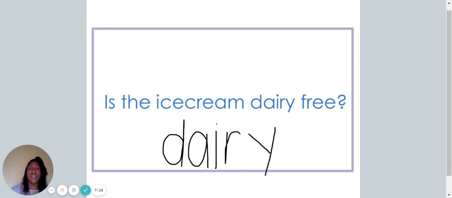D-A-I-R-Y. We are now going to separate the word dairy into its word parts. Where should we separate it? Great job, between the R and the Y. How did we figure that out? Well, we put our hand under our chin and we paid attention to how many times our hand hit our chin. Dairy.